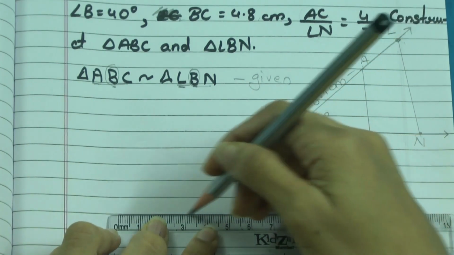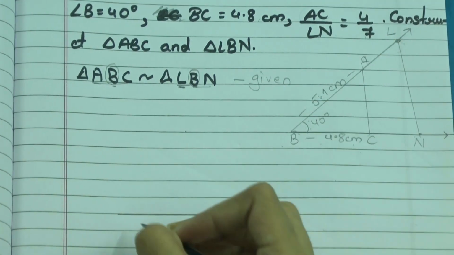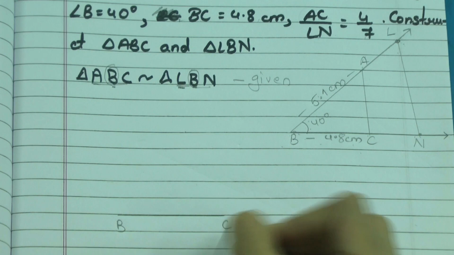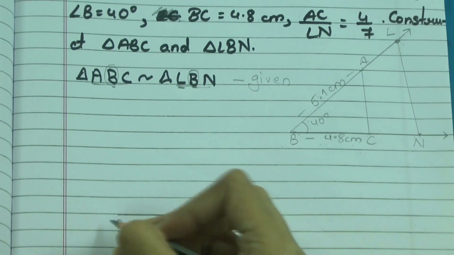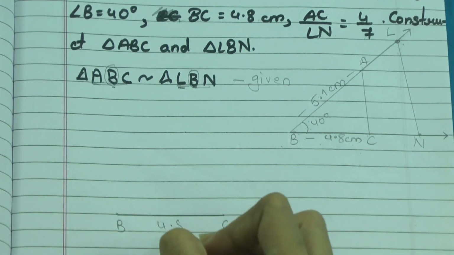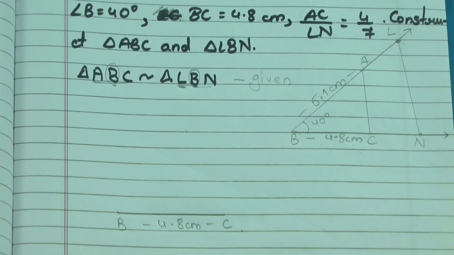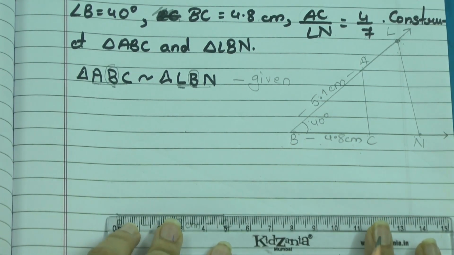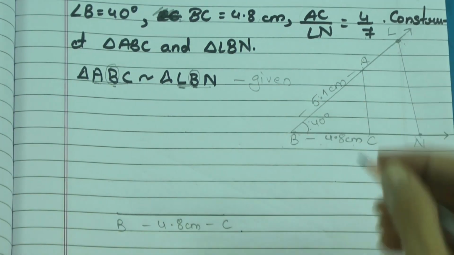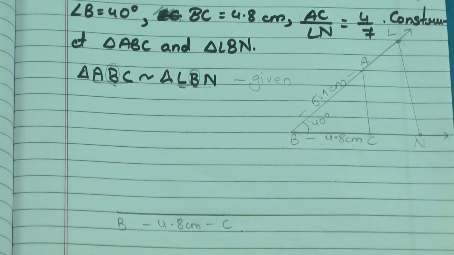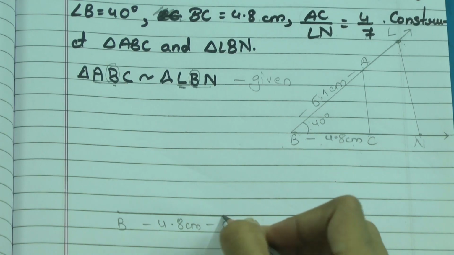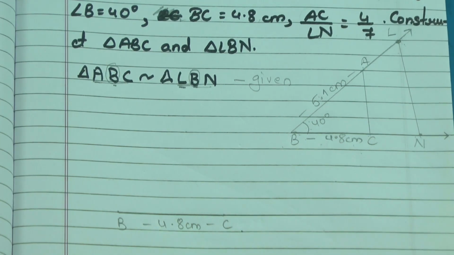Mark it BC 4.8. Extend BC line further. Okay. Now children, at B you have to take angle 40 degree.